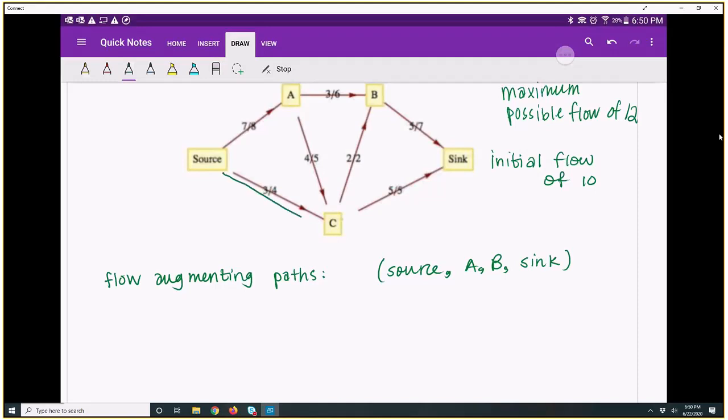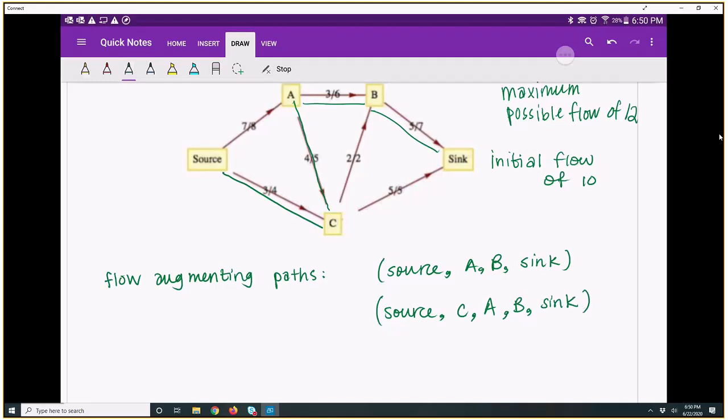So I'm going to say from source to C. Then it looks like I am able to use this edge from C to A backwards. Then I can go from A to B and from B to sink.